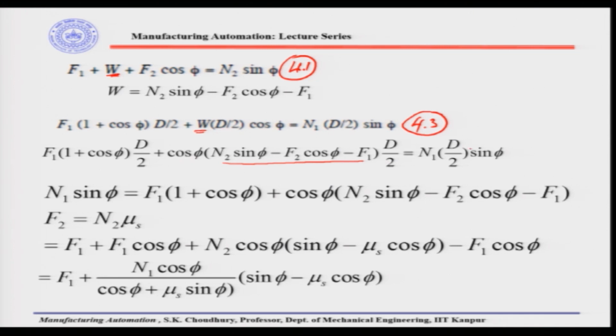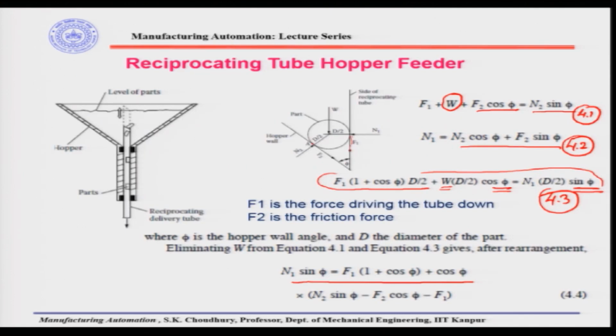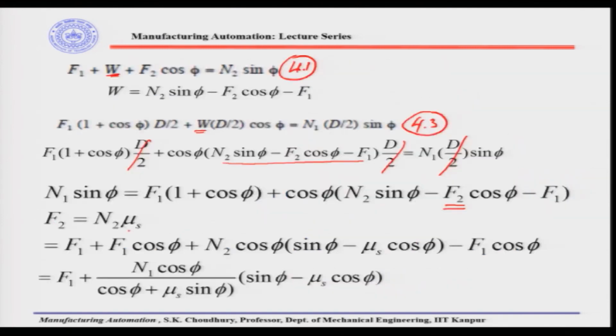If we solve this equation, d by 2 cancels throughout, and we take N1 sin phi equal to F1 and the remaining terms. Now F2 is equal to N2 into mu s, because F2 is the friction force due to N2, the normal force.